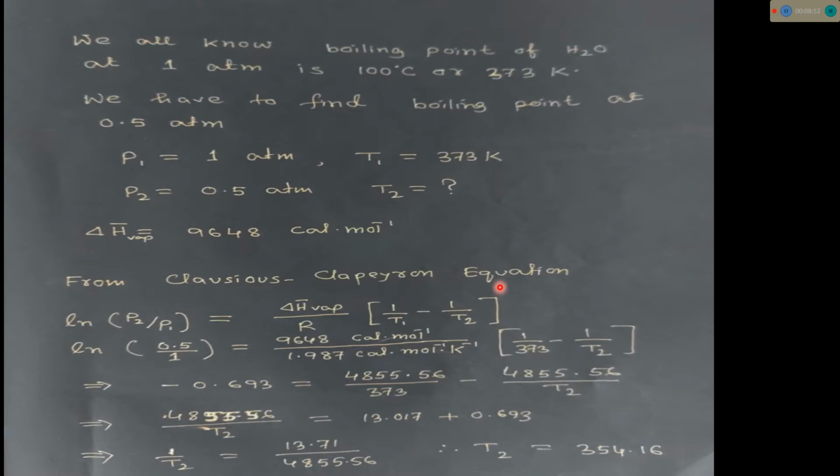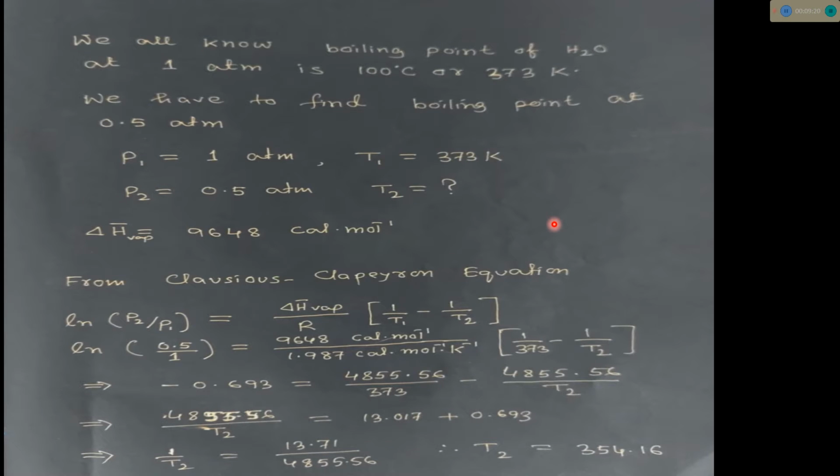When the pressure is greater, the boiling point of the solvent will be high. If the pressure is low, the boiling point of the solvent, in this case water, is low. So it is justified here.